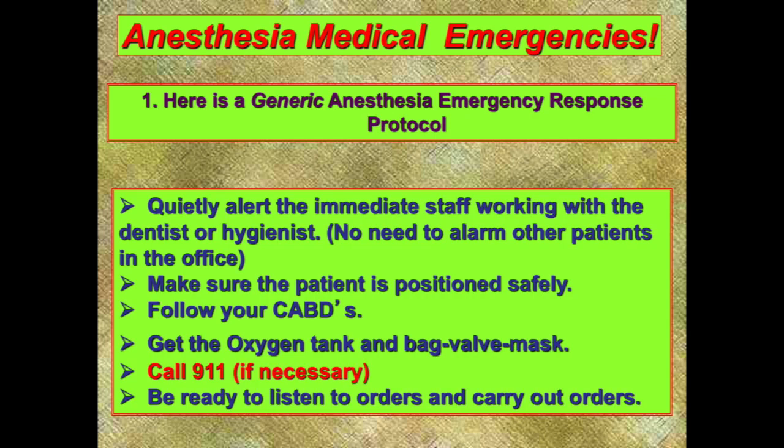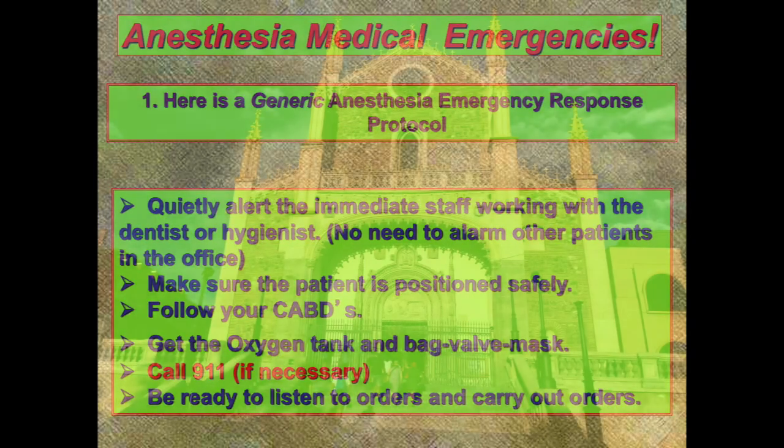So if you see all the above question and one of those is 911, look at that with a skeptical eye, because it may not be all the above, because we should be able to handle a patient that has passed out, in other words, hypotension. If somebody's had a mild allergic response, we should be able to handle that and not necessarily call 911. And then be ready to listen to and carry out orders. So these apply for every one of the emergencies.